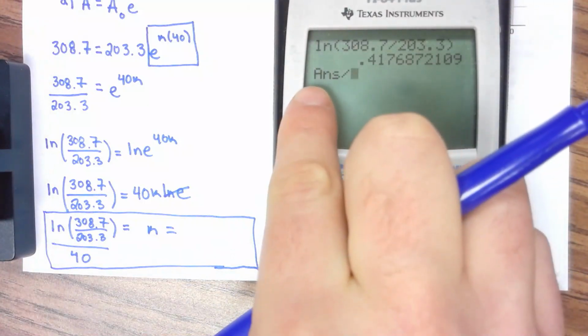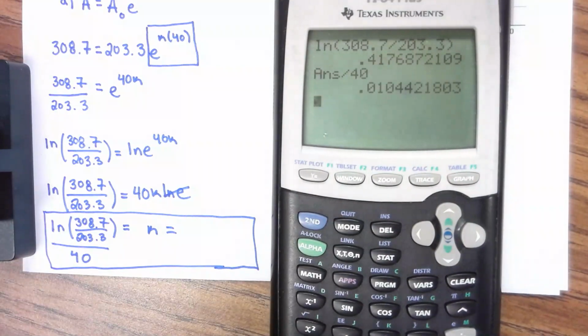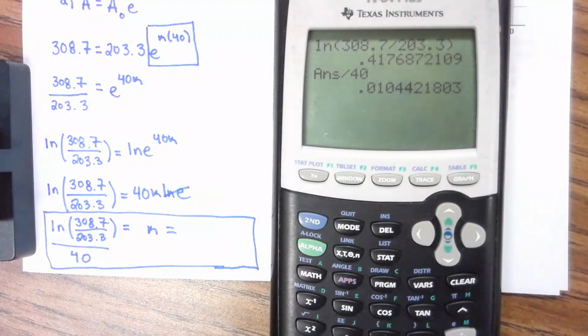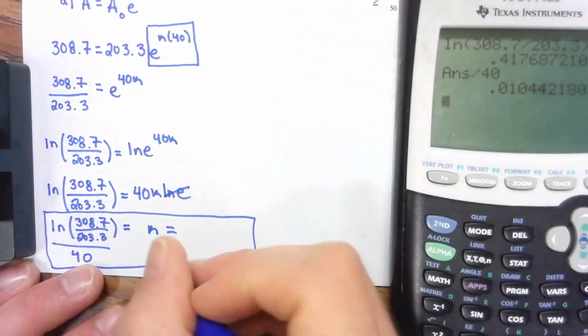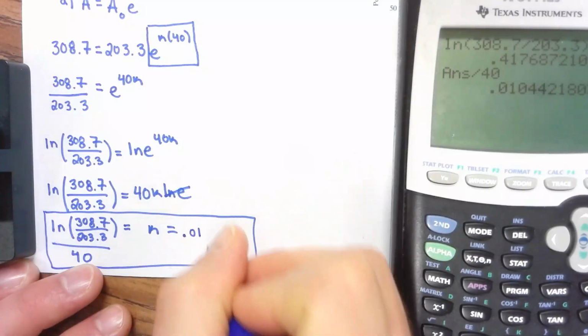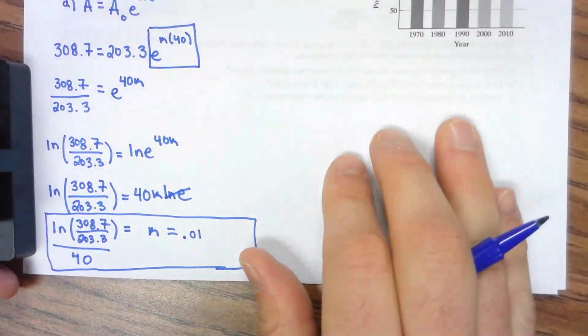And it's going to take that previous answer, including every decimal place, including the ones we don't see, divided by 40, and I get 0.0104. We'll round to 3 decimal places and call it 0.010. And so that is the growth rate for the population here.